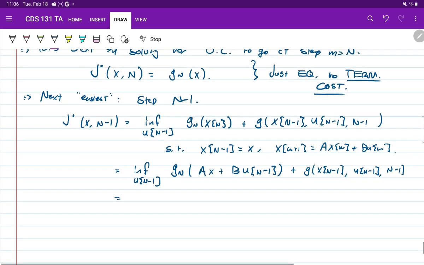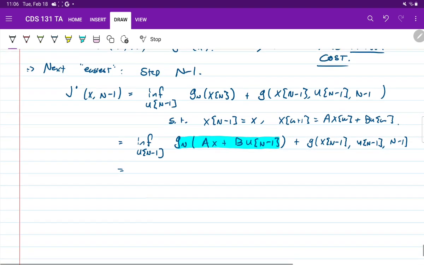Okay? Now, what do I notice? Well, what we had said above is that this gn term is equal to the optimal cost to go at time n, right?